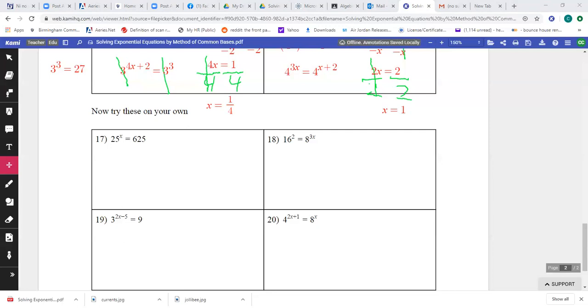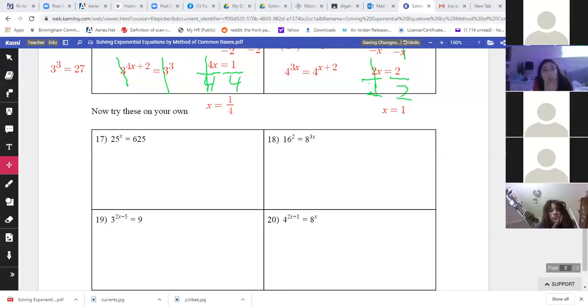Okay. Wait, mister, I have a question. Why does LUSD, whatever grade you left the school with, you can't get anything below that? But why does Birmingham not?